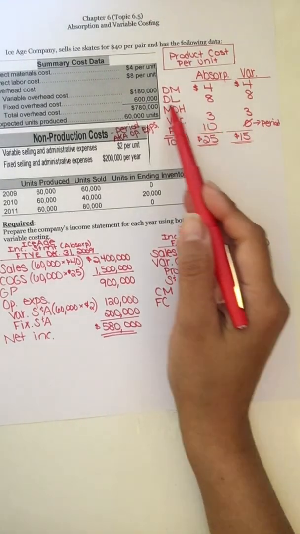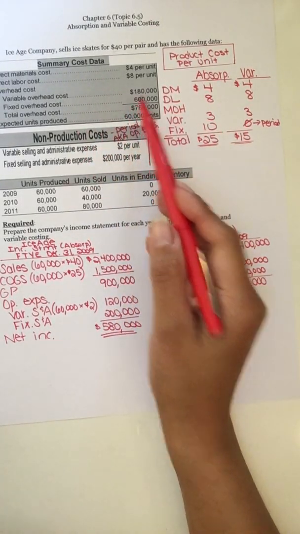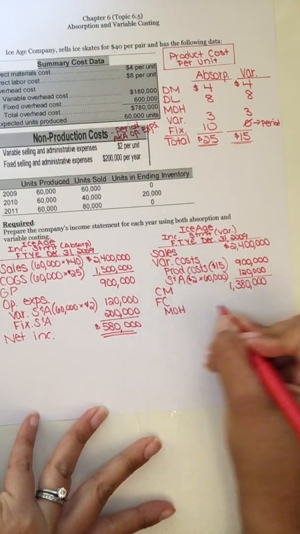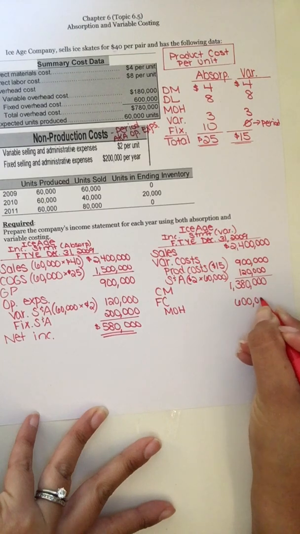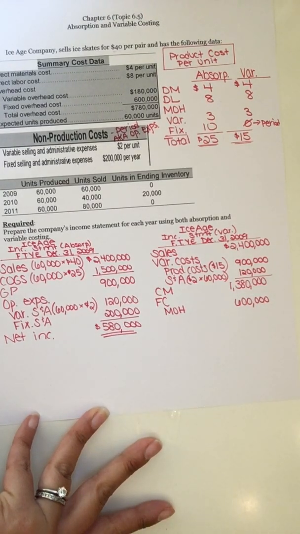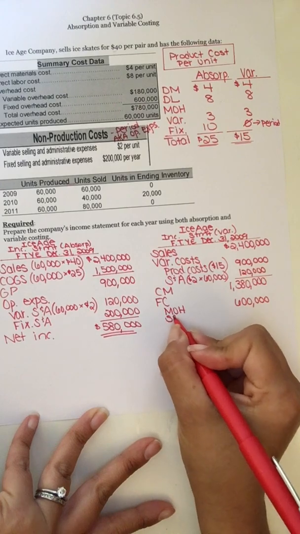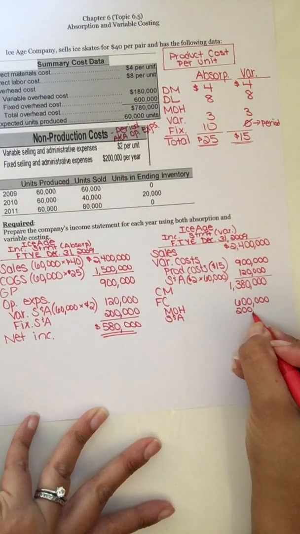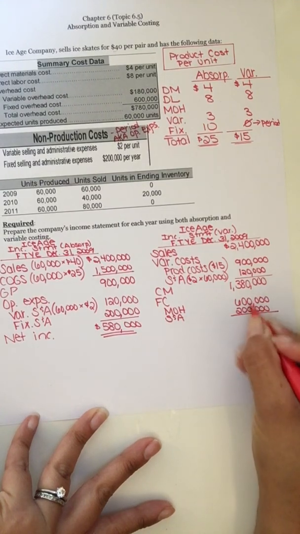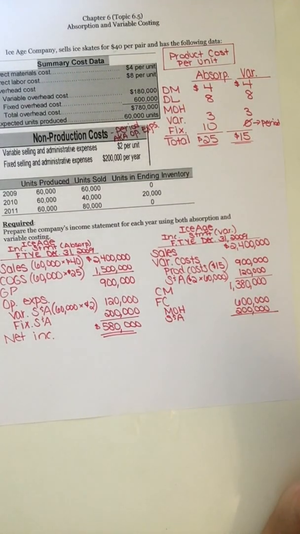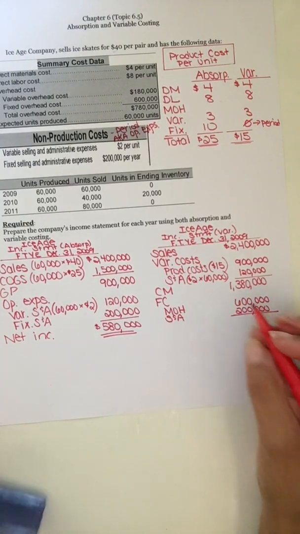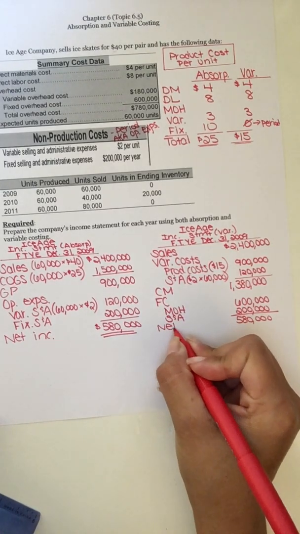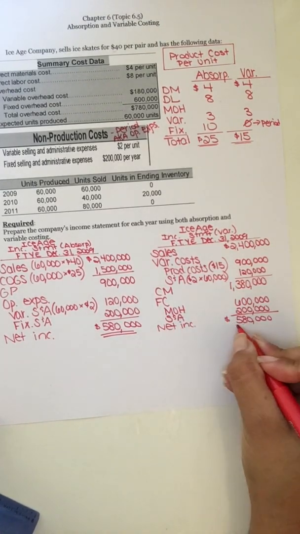So we're going to see all that fixed overhead, that's $600,000, here under manufacturing overhead, $600,000. We also have our fixed S&A up here, selling and admin of $200,000. So subtract this $800,000 from the 1.38 million that you got earlier, and you're going to get a total of $580,000 for your net income.